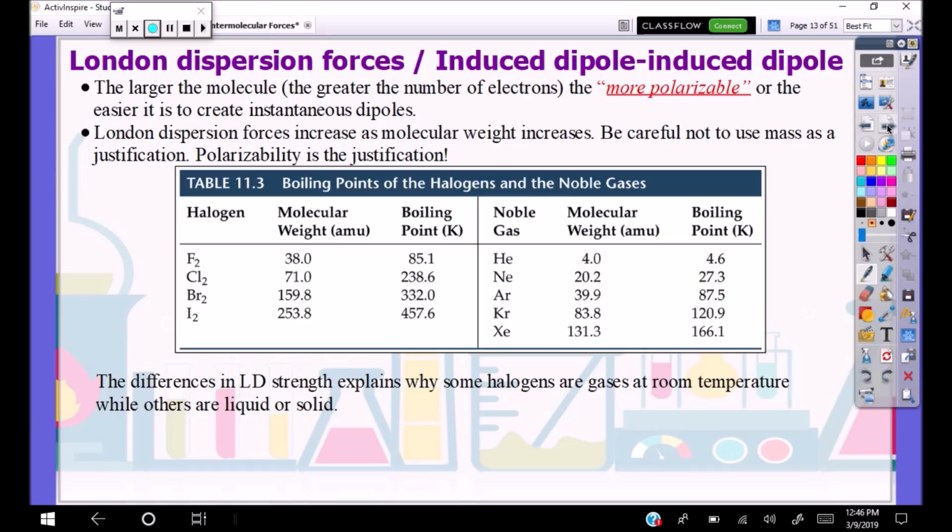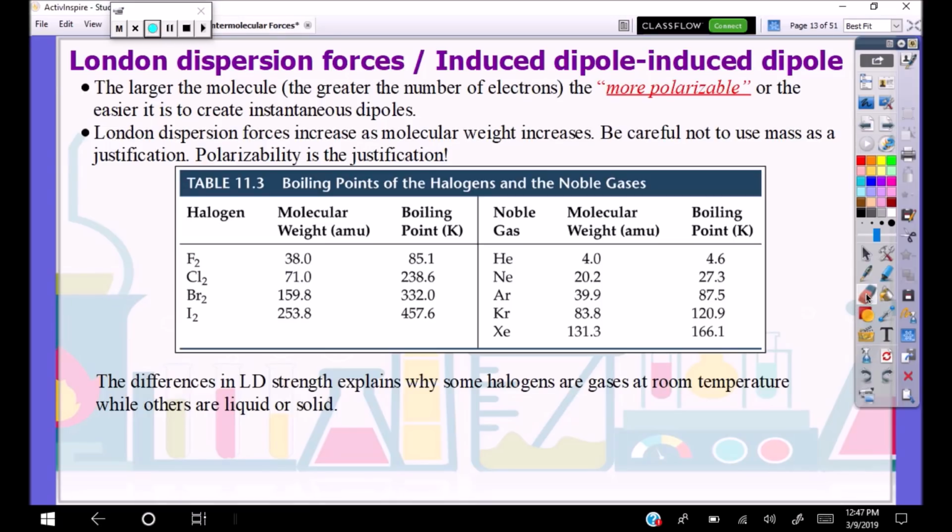Fluorine and chlorine tend to be gases at room temperature, but if we look at bromine and iodine, they're much larger, almost double and triple the size of fluorine and chlorine. And so as a result, they have much higher boiling points. So this explains why some of them are liquid at room temperature. When we're looking at noble gases, as they increase in size, they get larger and larger with their electron clouds, and so their boiling points get higher as a result.